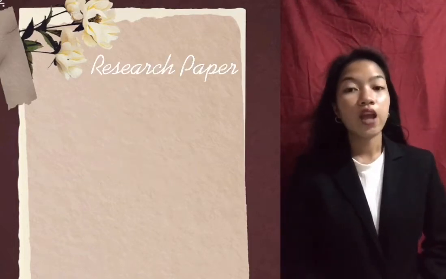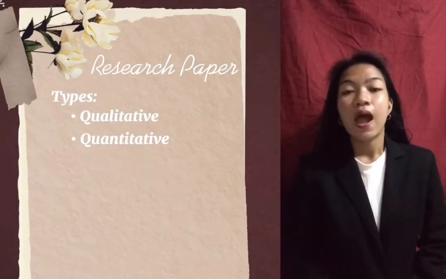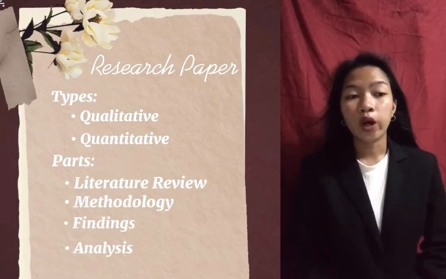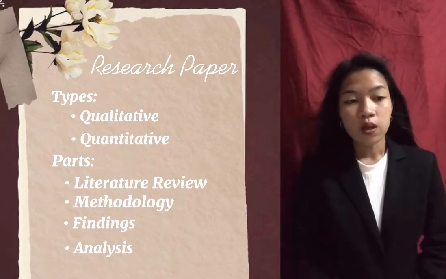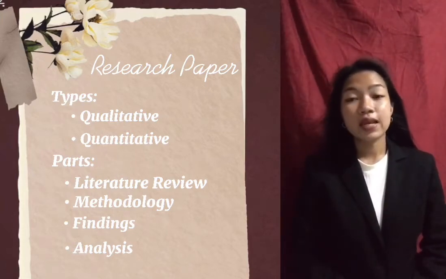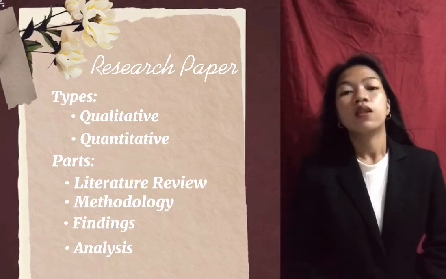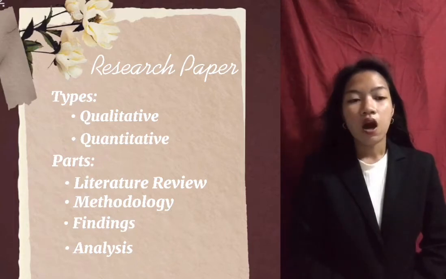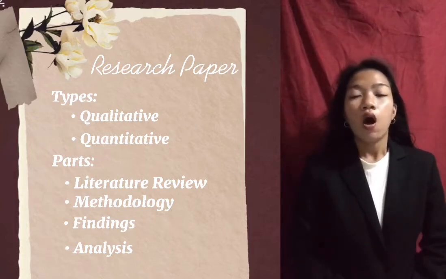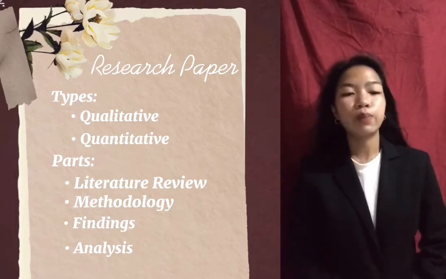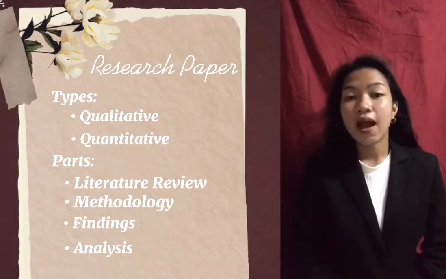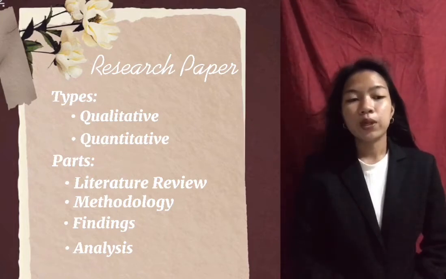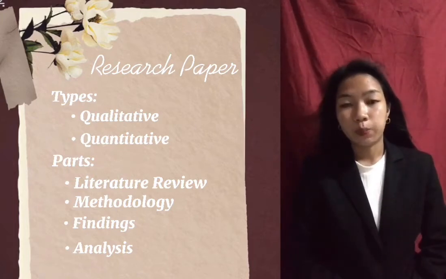And we all know that there are two types of research, qualitative and quantitative. And it consists of the following parts: the literature review that requires lots of citations and references, the methodology that is the systematic study of methods that are or can be or have been applied within a discipline, and findings, which is the principal outcomes of the research project.